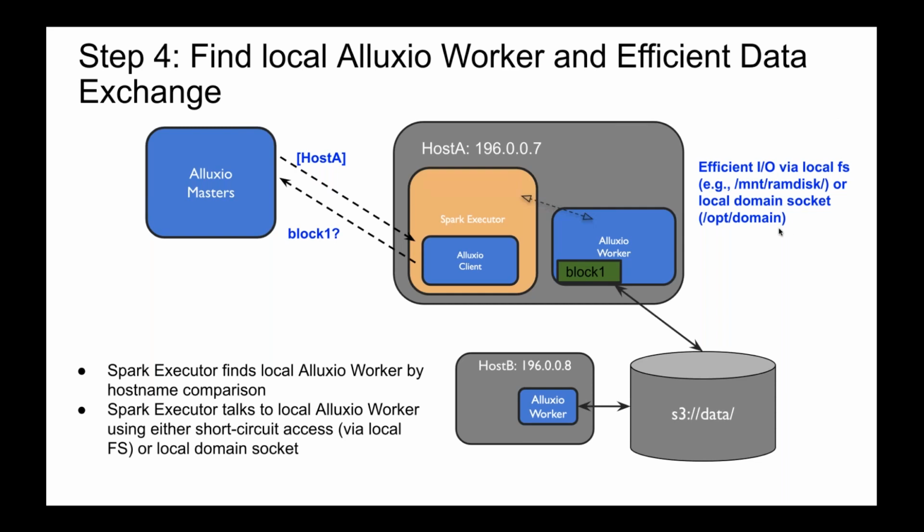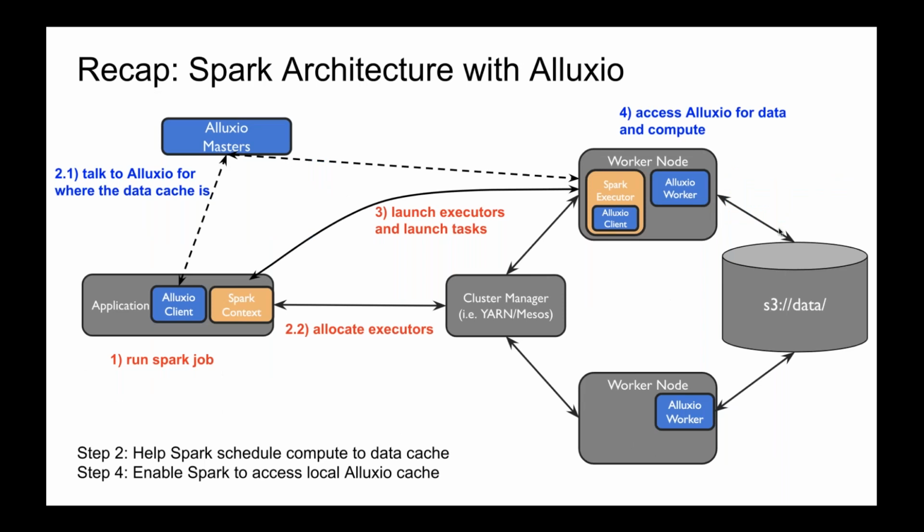Okay, so let's have a recap. Essentially, with Alluxio in this picture, the Spark job can first talk to the Alluxio service to get to know where data is cached. With this information in mind, it will influence the cluster manager, when allocating executors, to launch executors on a local node, with a local process serving the data.